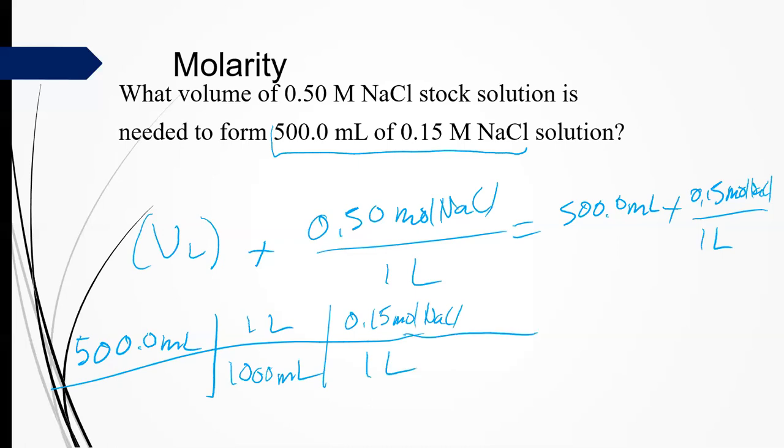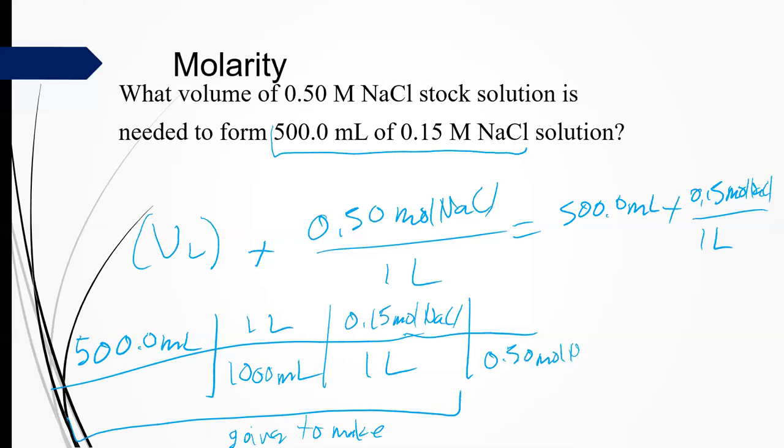So this is all about the solution that we're going to make. And now that I know how many moles I need, I can divide that by my initial concentration.